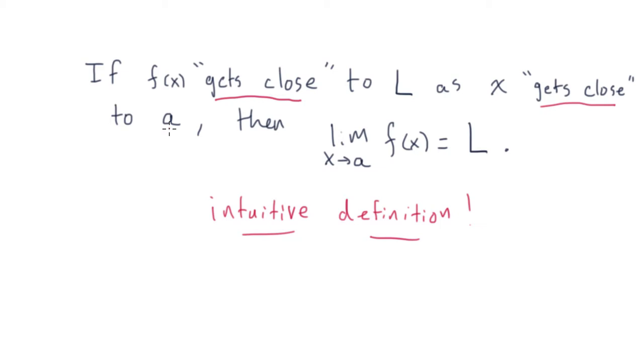So now I want to tell you the precise definition of a limit. Unfortunately, this is one of those times where I'm going to write something that is going to make everything way more complicated. And again, we're sacrificing intuition here for mathematical precision. I just want to keep that in the back of your mind.